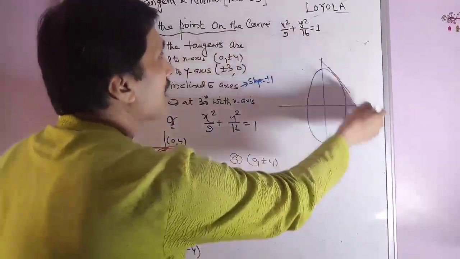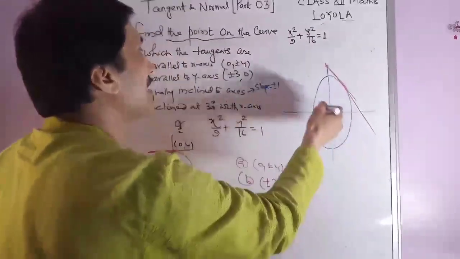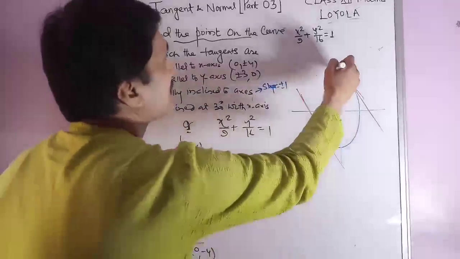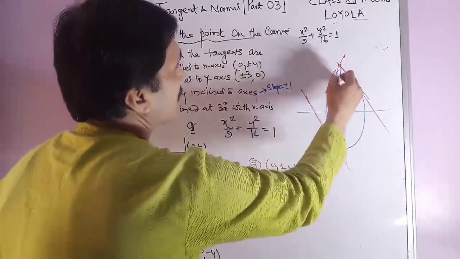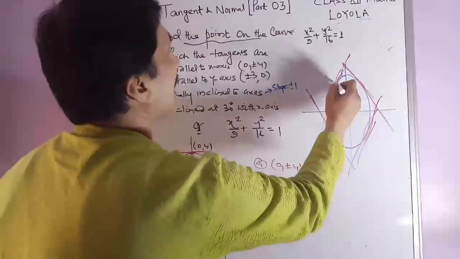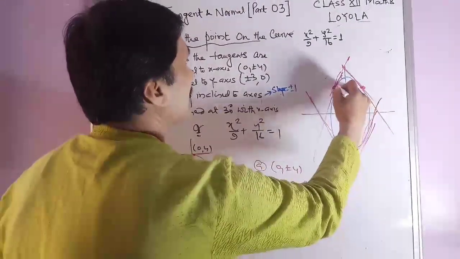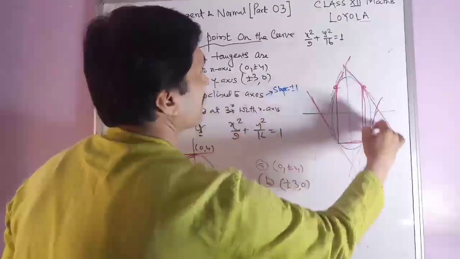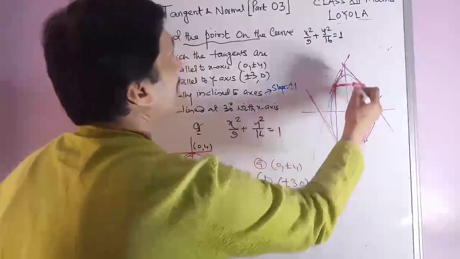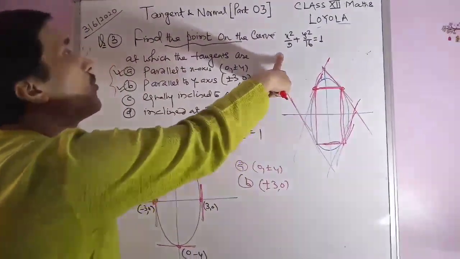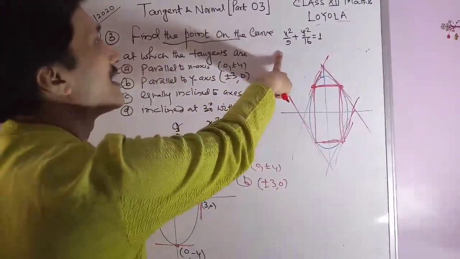Equally inclined with axis. Obviously, we have four situations here. One tangent is here, second tangent is here, third tangent is here, fourth tangent is here. Clearly here we get two values of h, two values of k.